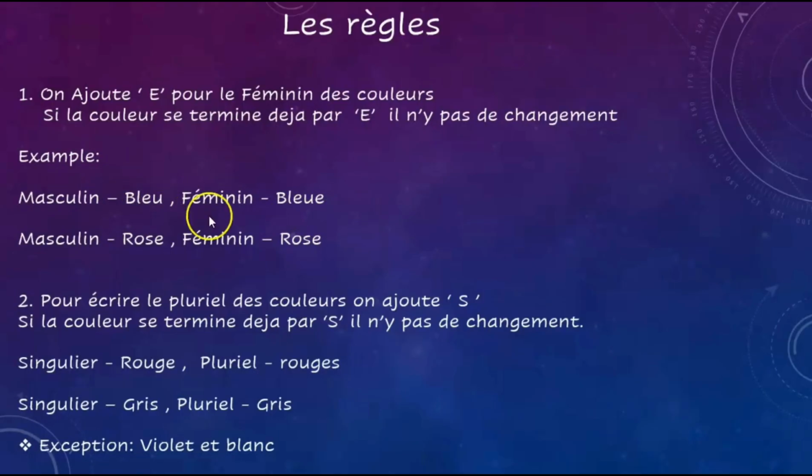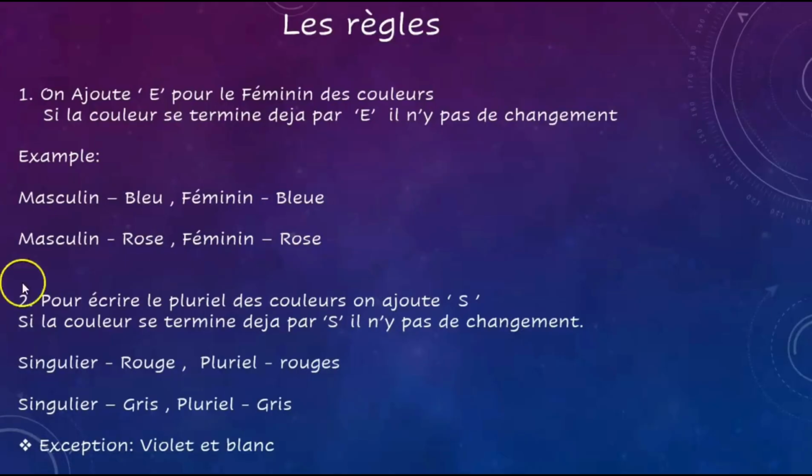To make the color in its feminine form, we have added e here. Next, rose. Another example, rose. Rose means pink color. The masculine form of rose is ROSE, so e is already there. There is no need of adding an extra e again. So the feminine form also stays the same, rose.